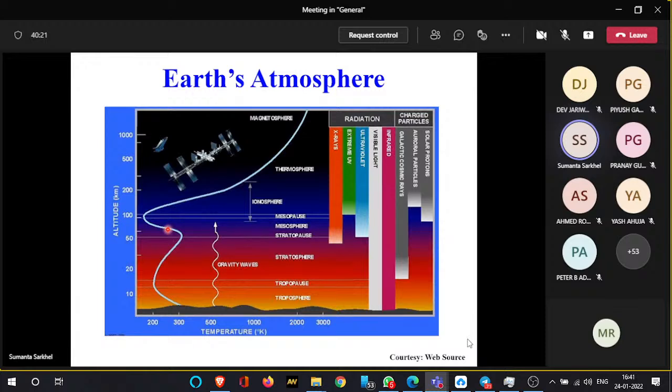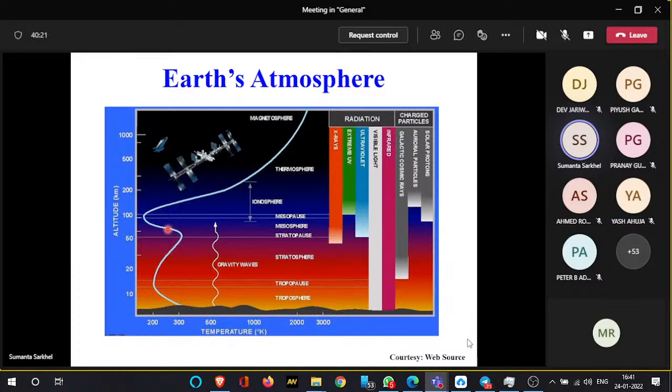The mean free path is so high that even if these molecules and atoms absorb radiation, there is little transfer of momentum and energy to other molecules and atoms, so the efficiency is very low. That is why the temperature neither increases nor decreases with altitude, and it eventually becomes almost constant.